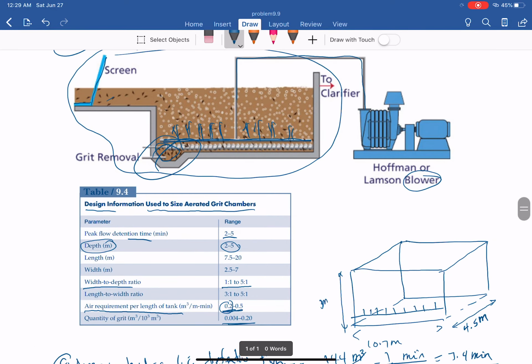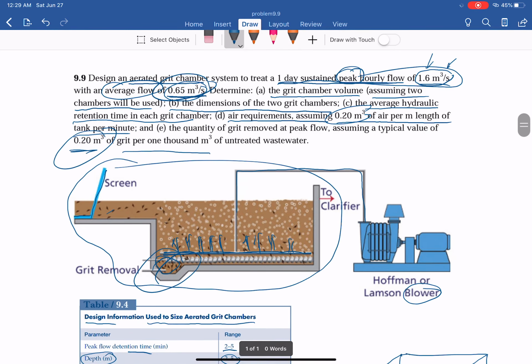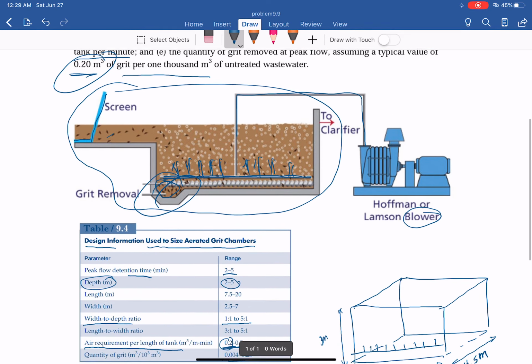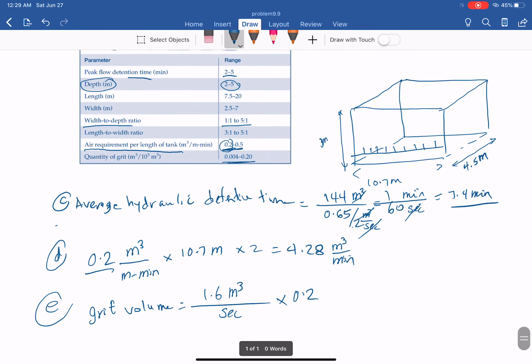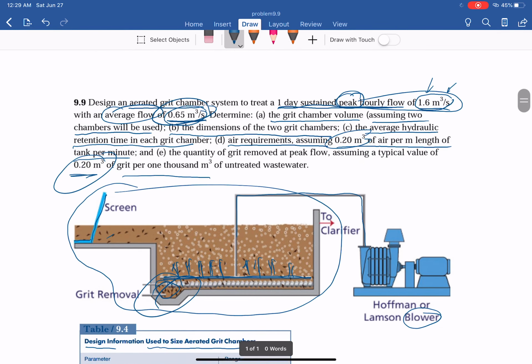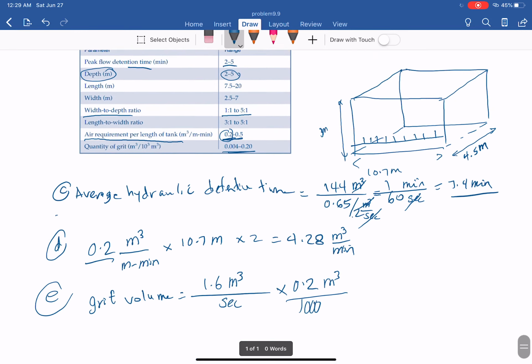0.2 times 0.2 meter cubic of grit per 1,000 meter cubic of water.